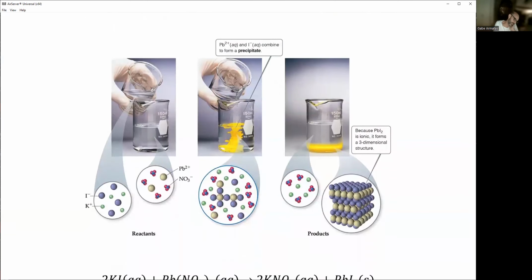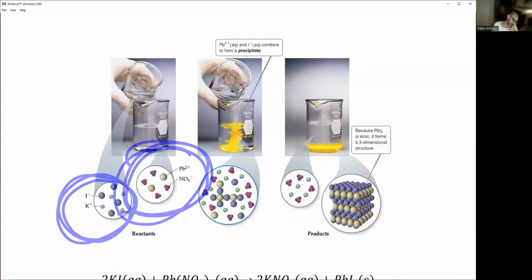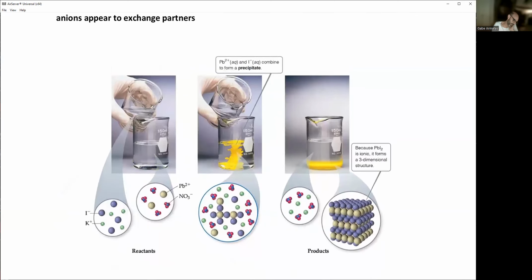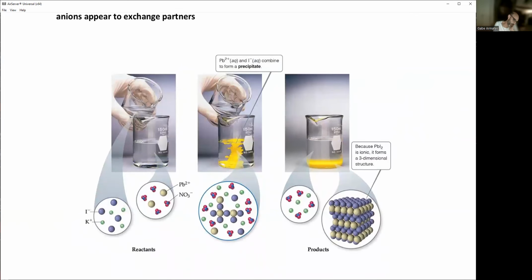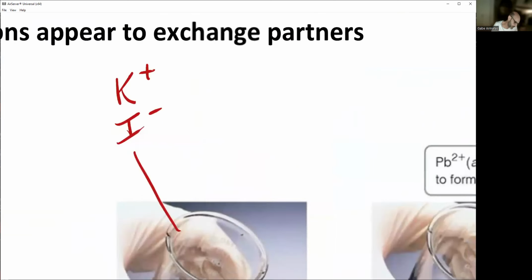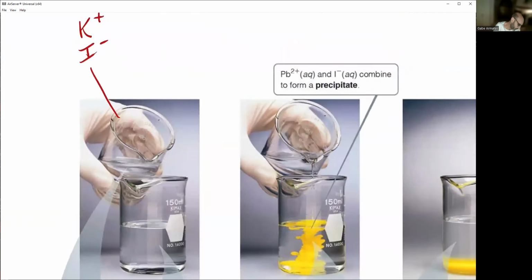So in this case here, I am mixing together the potassium iodine and the lead nitrate. And these things, when they combine together, okay, so think about it this way. I have potassium and I have iodine. Because they're dissolved in water, they're essentially just all over the place.